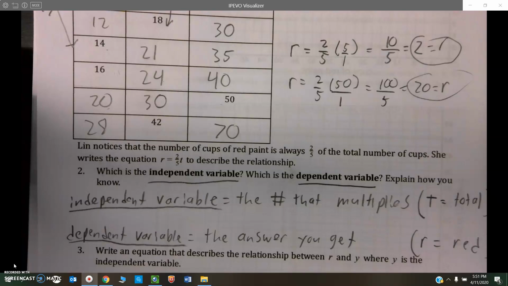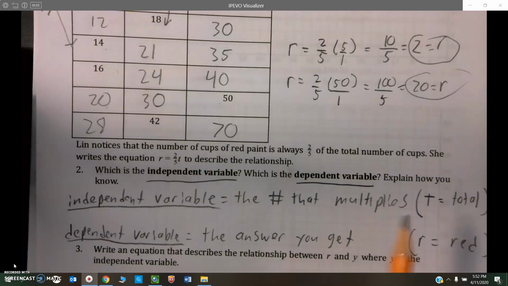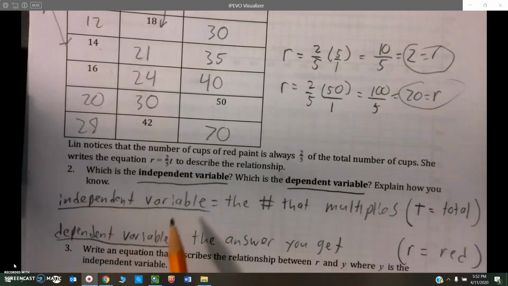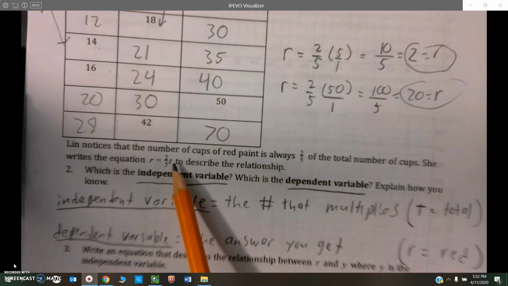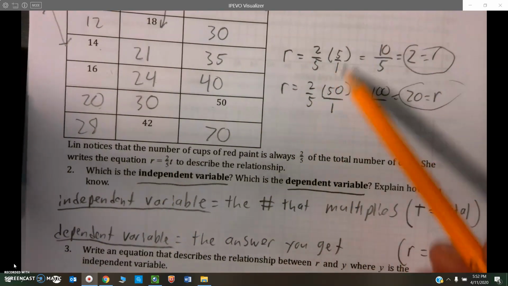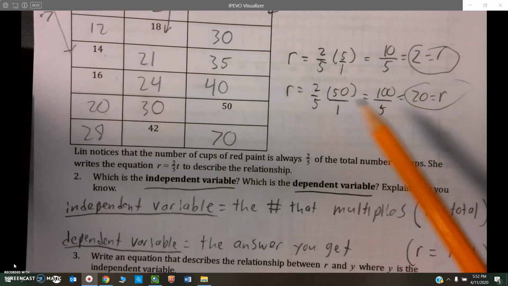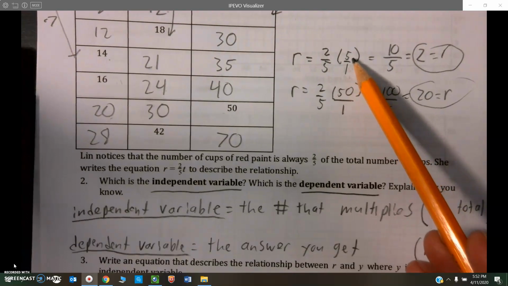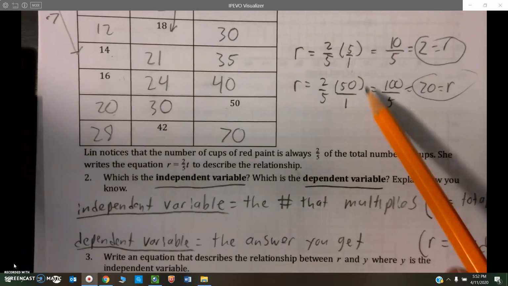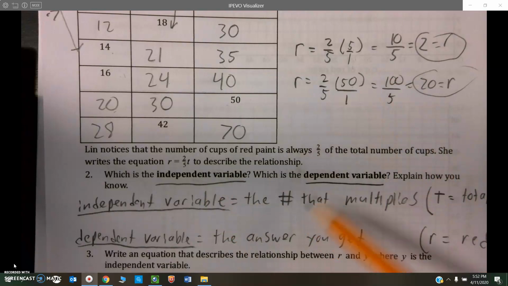You just take care of everything yourself. And the reason why we call this variable independent is because this number, you just put it in, right? So like when I was plugging in these numbers, I was just choosing the independent variable. I'm like, okay, so let's put 5 in for t, and let's put 50 in for t.